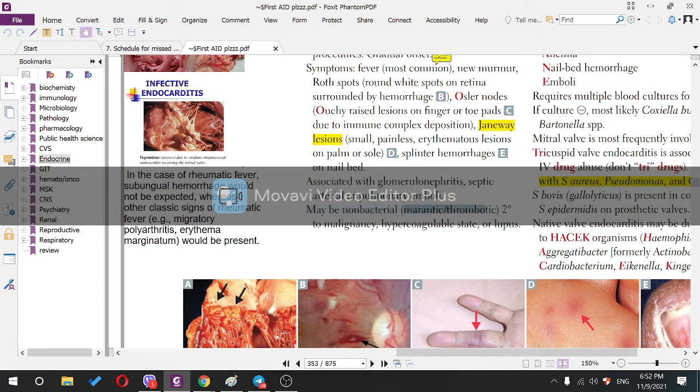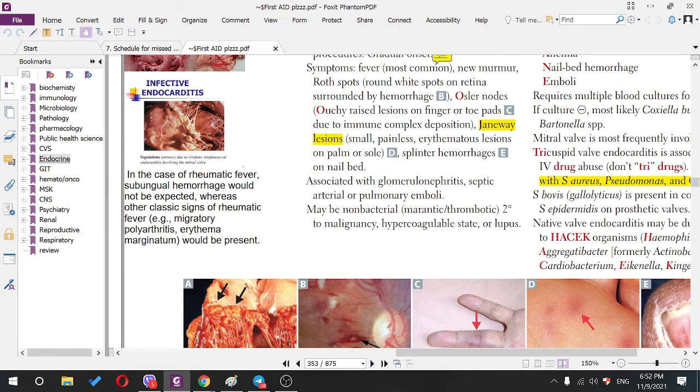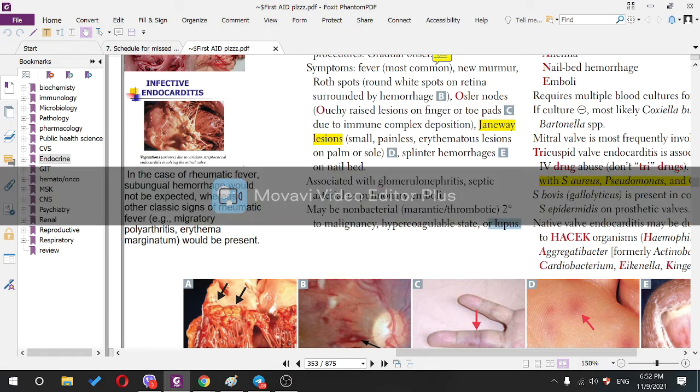So there is something called marantic or thrombotic endocarditis. For example, in case of lupus, guys, Libman-Sacks. How can you differentiate it from other forms of endocarditis? It has something specific to it, by shape, I mean.